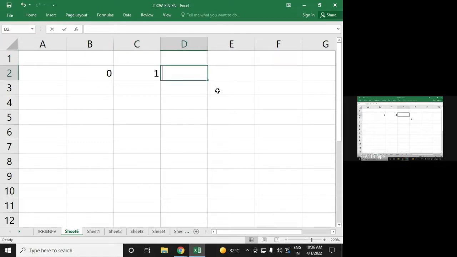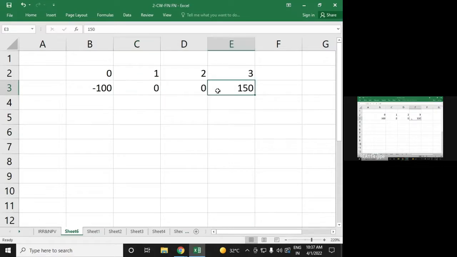You show the investment amount as minus, it's an outflow, and you are going to get 150 after 3 years, and in between you get nothing, so those years are marked with zero cash flow. The zeros help Excel understand that there are years in between.